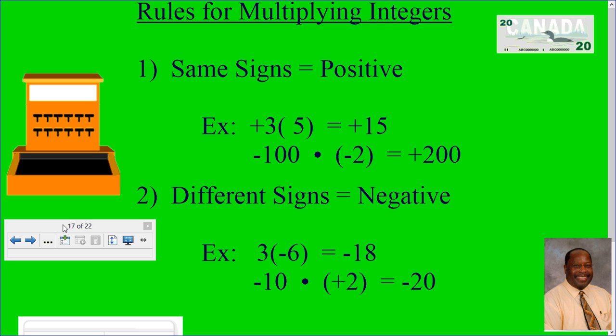And when we multiply 6 times 3, that gives us 18, but the signs are different, so automatically that's going to be a negative. So 3 times negative 6 is negative 18. Second example, negative 10 times positive 2. Well, 10 times 2 is 20, and the signs are different, so that gives us negative 20.